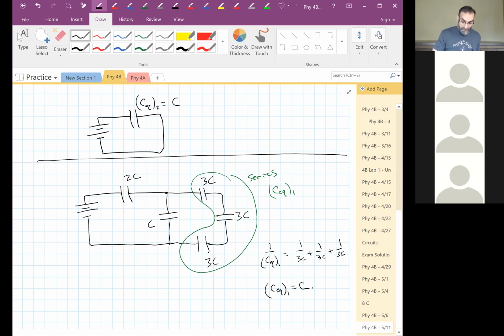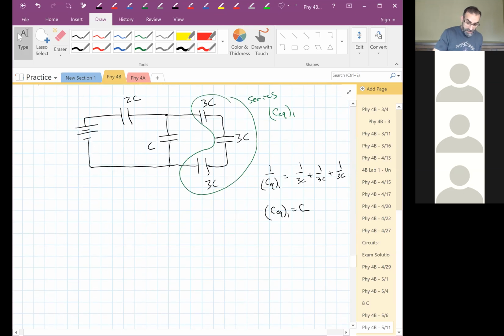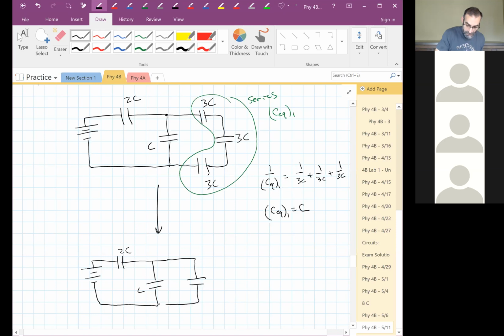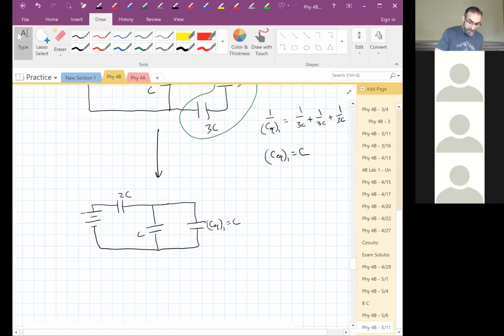Okay, so I can redraw this circuit now. My battery is still the same. My 2C capacitor I haven't messed with yet. This capacitor I haven't done anything with yet. They're the same, but those 3 now become 1. Now it looks just like the one we did earlier, right?